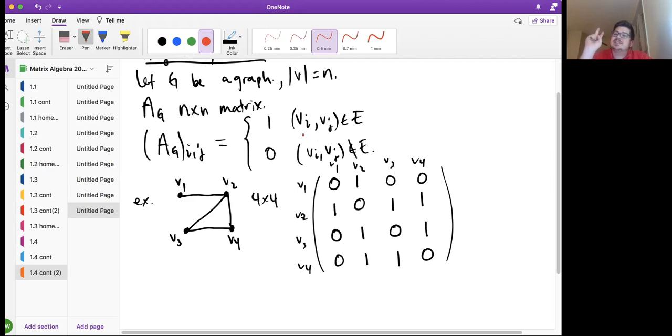So symmetric means that if you flip the row and column, it's the same. And why, just based on the definition, would you assume that's true? So if Vi, Vj is in the edge set, does that imply that Vj, Vi is in the edge set? Well, of course it does, right? If Vi is connected to Vj, then Vj is connected to Vi. So this is not directed.